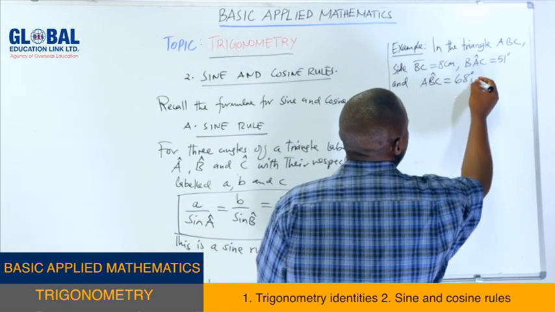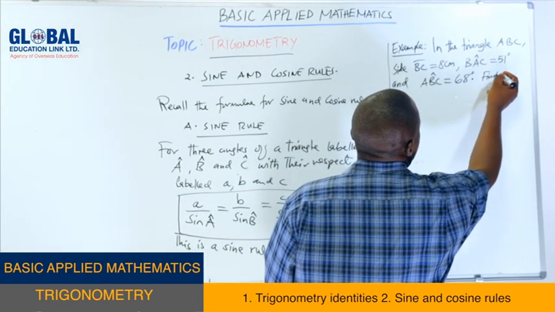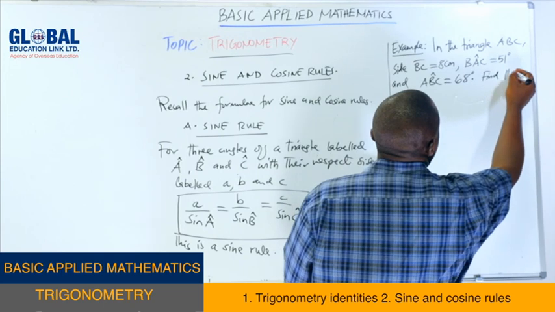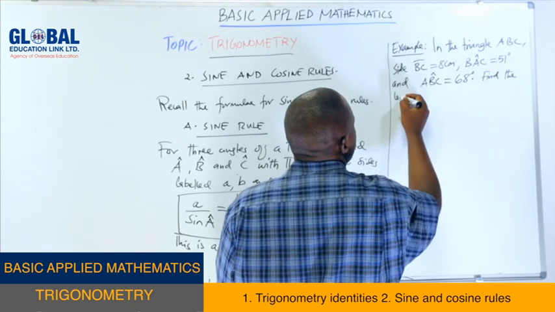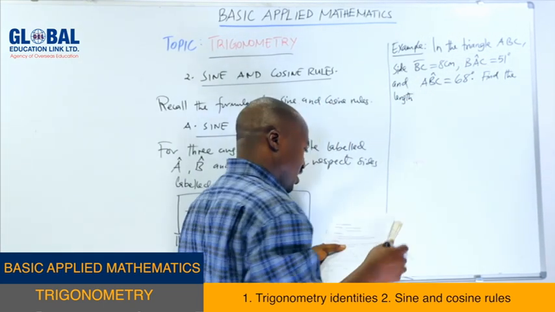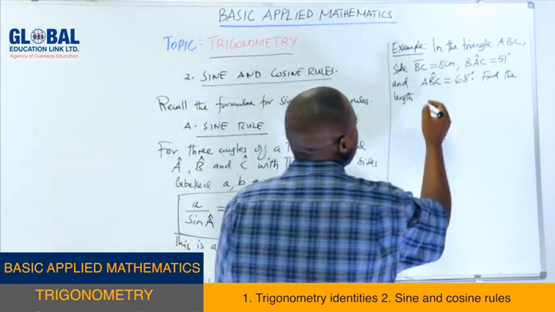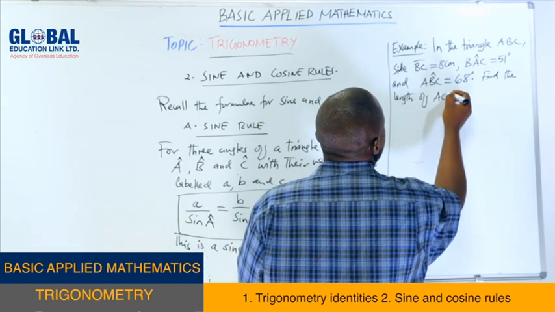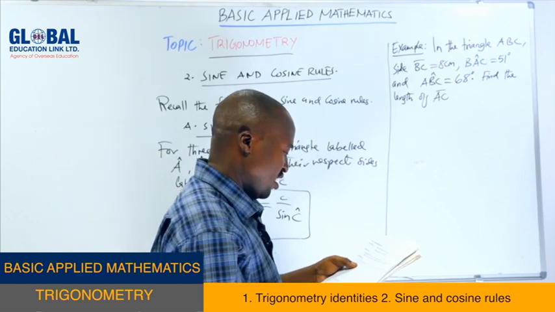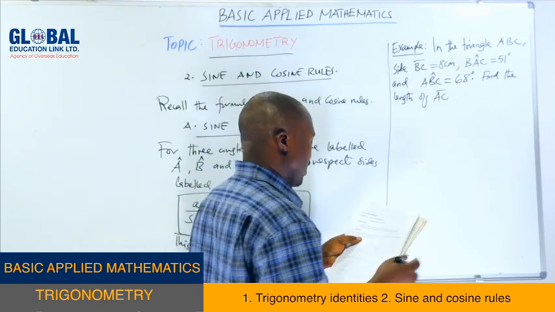Now find the length of AC, correct to 1 decimal place.